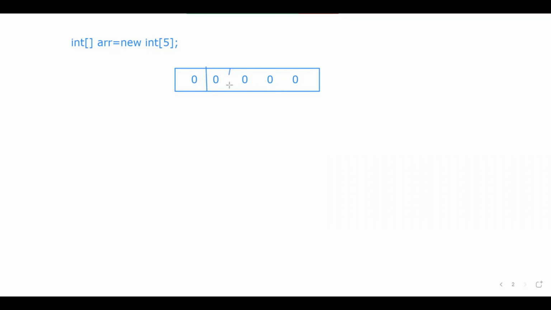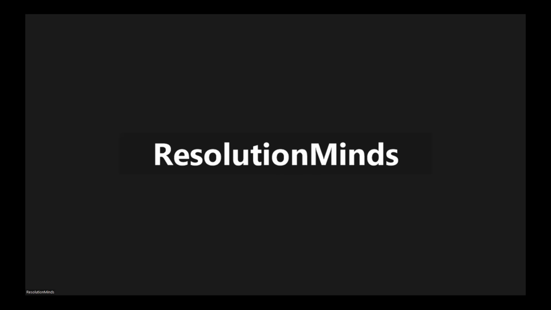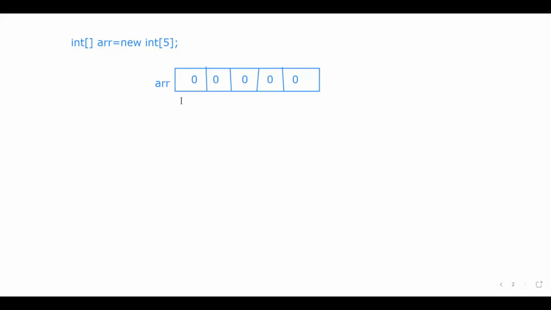Carefully listen, you have to focus now. So I'll name this array ARR, and I'll mark the indexes 0, 1, 2, 3, and 4. Now let's have a look at this one again.